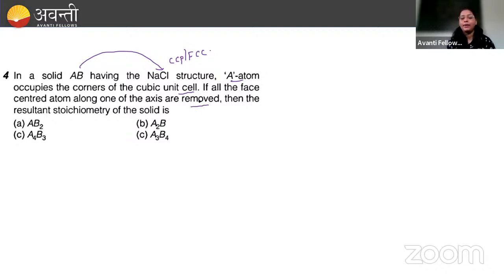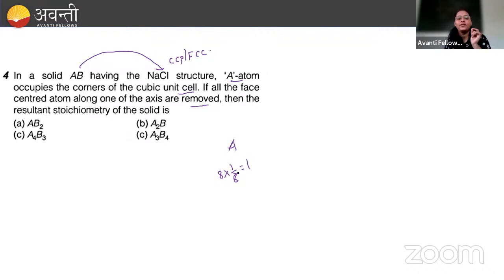So यहाँ पे what is happening? A atom is present at the corners of the unit cell. So how many corners are present? 8 corners are present, and at all 8 corners, the atom contributes 1/8 of its part. So around 1 A atom is present in the given unit cell.